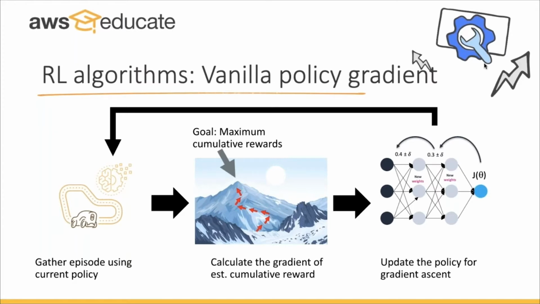Vanilla policy gradient is an example of policy optimization, and this is a method where we parameterize our policy function. The parameters are simply the weight in a neural network, and the neural network represents our policy function. Essentially, this policy function takes an image as input and maps the output as action. We then optimize that policy to get the best action from each state.